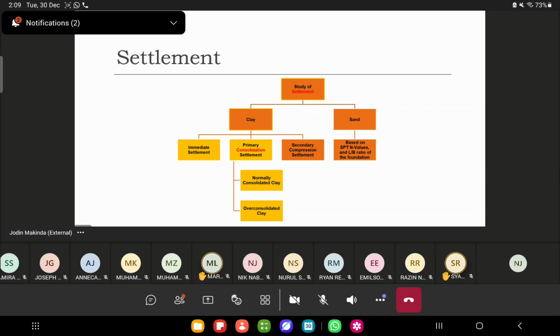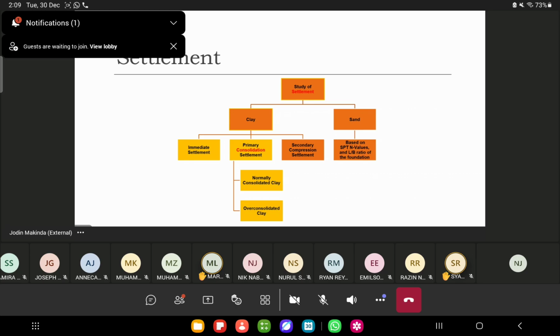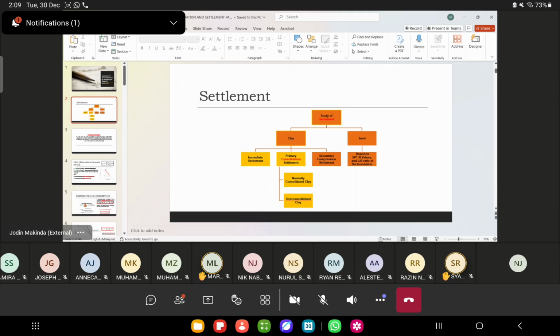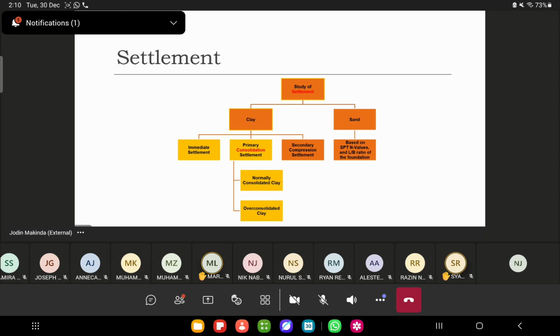So in the last two lectures, settlement and consolidation, we have covered the settlement on clay. Particularly, we have covered the immediate settlement, and also the primary consolidation settlement.